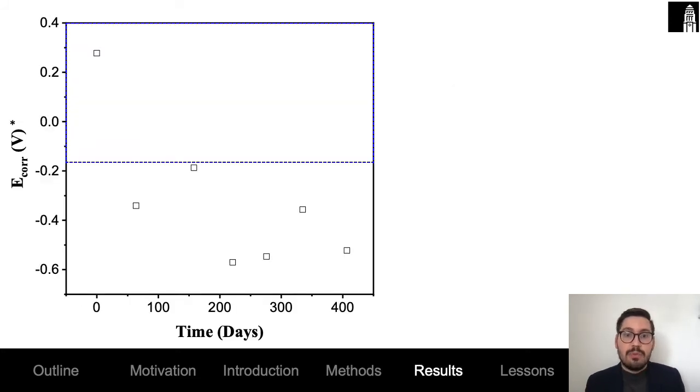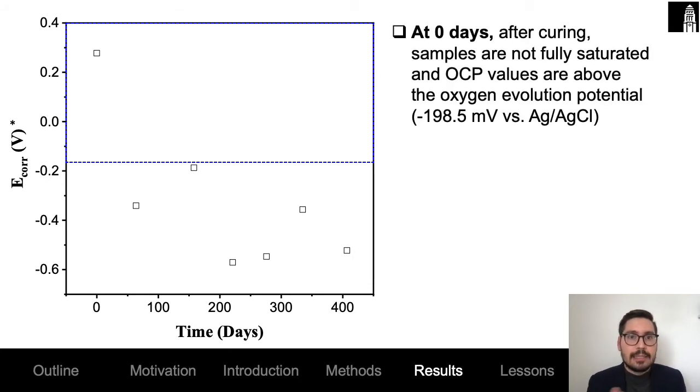So to start off with the results, here we have the corrosion potential, or OCP, values that have been collected over time, being on the x-axis. And at 0 days, it's really important to note that the value that was obtained was much higher than the oxygen evolution potential, which is at negative 198.5 millivolts.